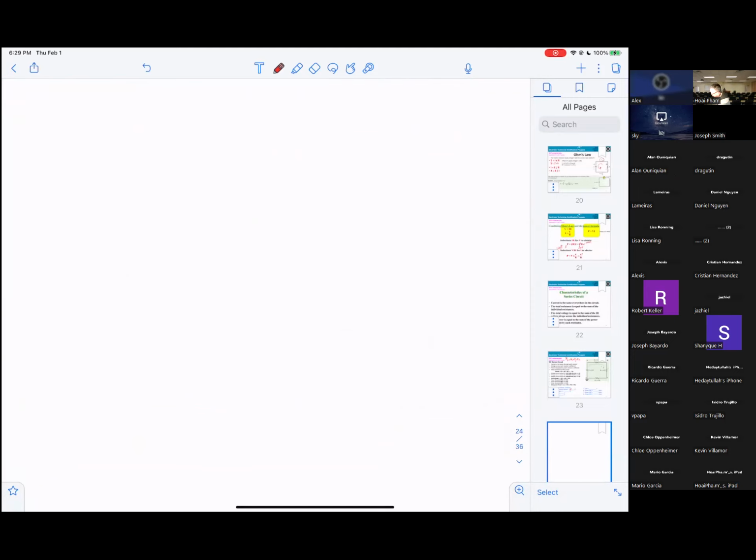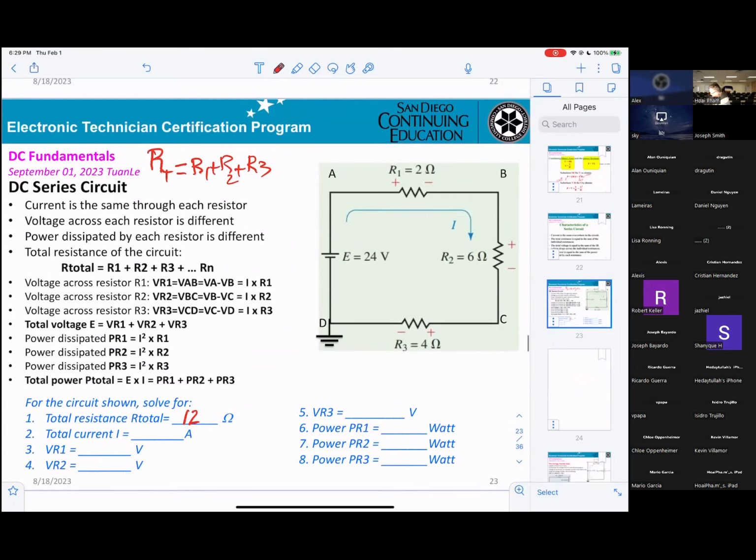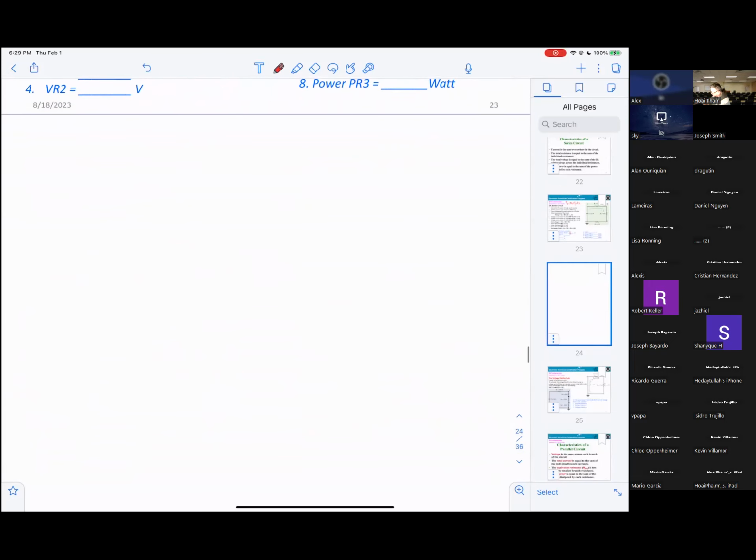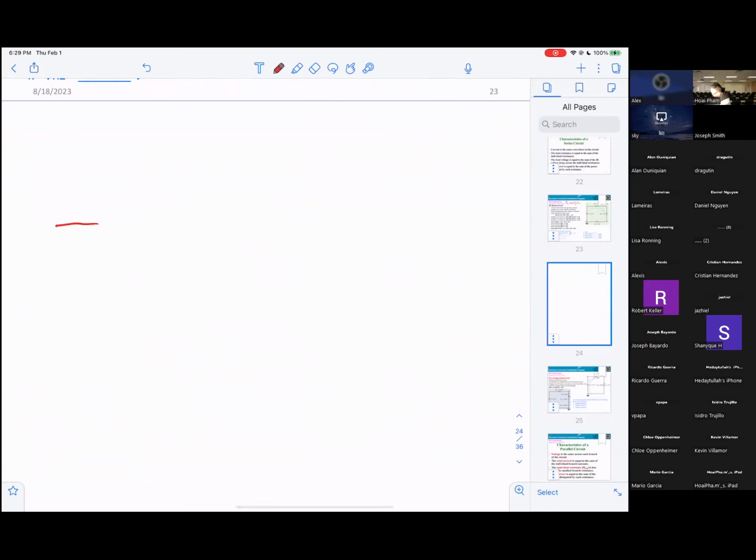Now you have a circuit with 24 volt, and only one resistor that equals 12 ohm.